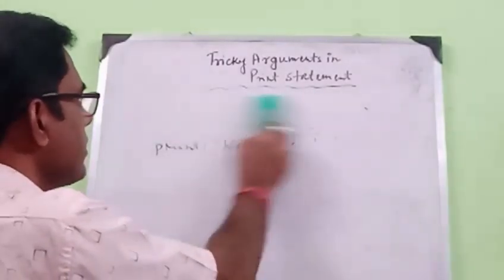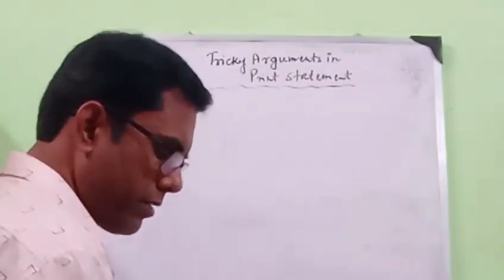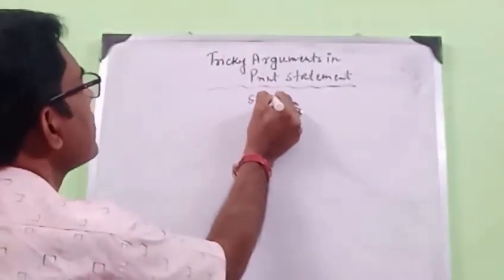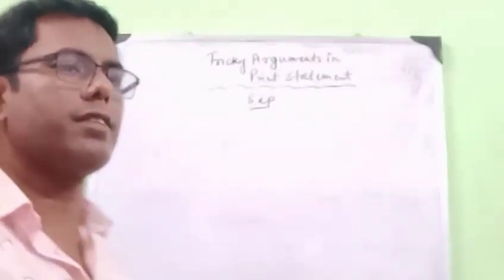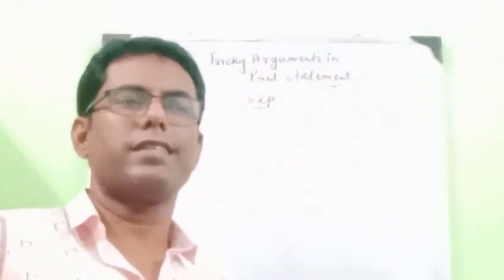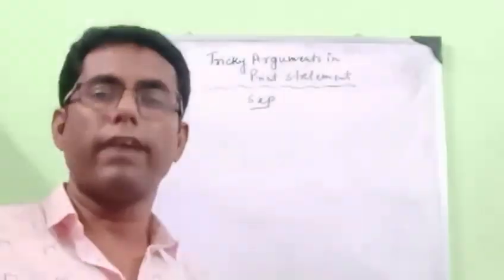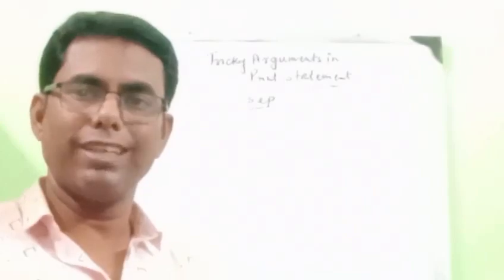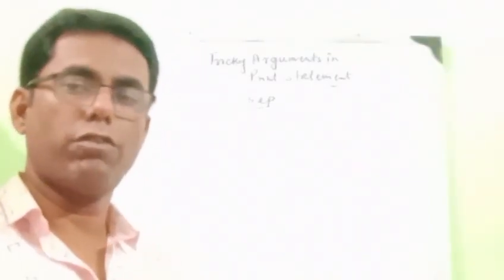Now we will discuss another tricky argument of print functions, that is sep. This is actually the separator. If you want to print multiple values on the same line, we can give some separator between the values. For this purpose, we can use the sep argument.